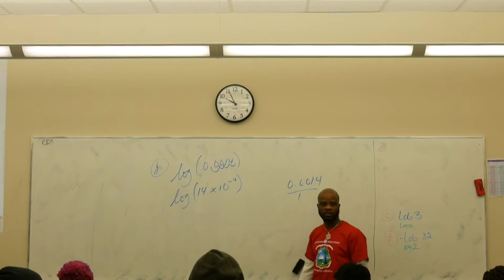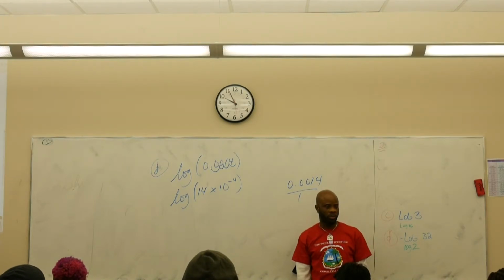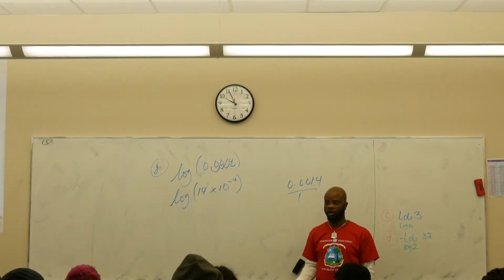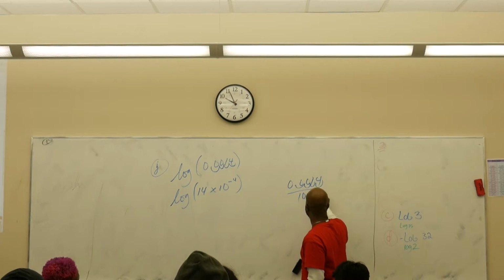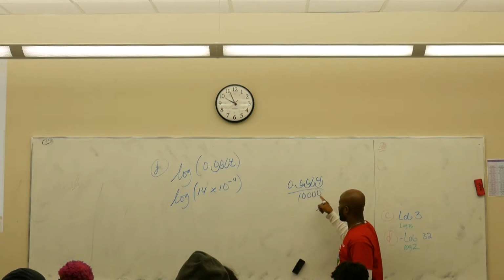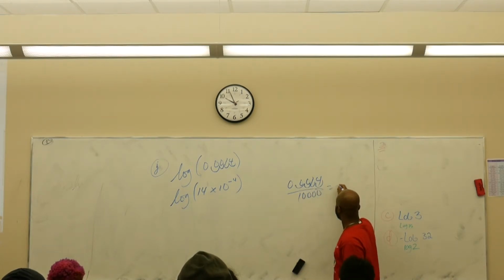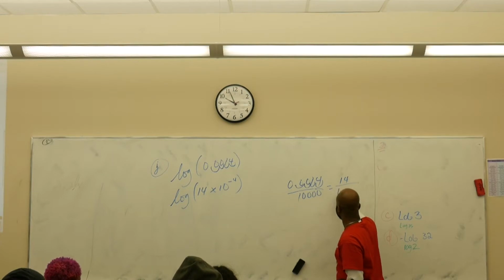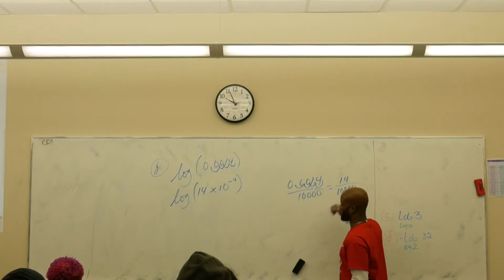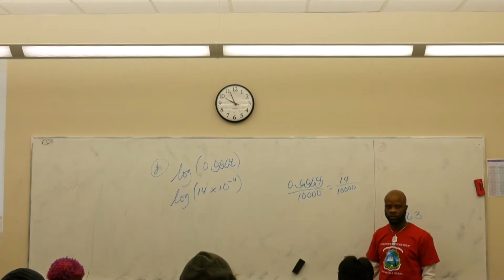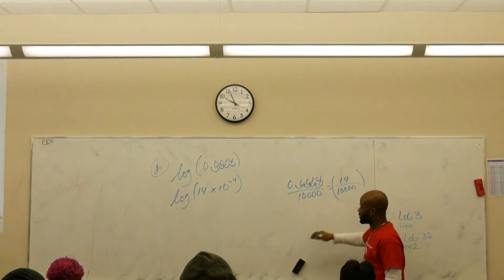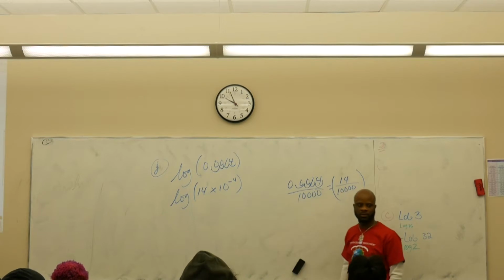Because every number as a fraction is over 1, and then we just convert it to a fraction if you like. I move this one time, add a 0, another 0, another 0, another 0. 1, 2, 3, 4, because I move it 4 times. So this number is technically 14 over 1 with 4 zeros. See that? So I could choose to use this number instead of this number, but I get the same answer.